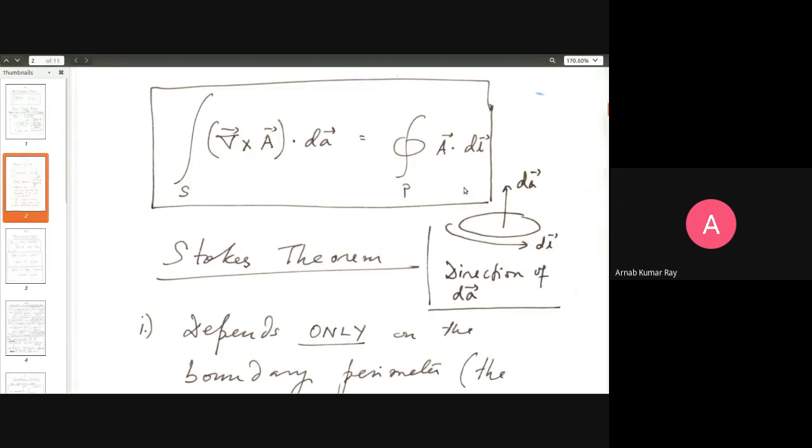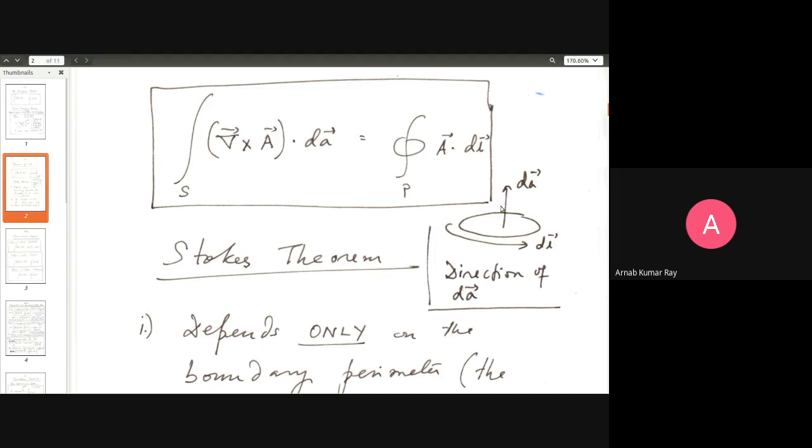Now, suppose when you take dl, you are going in this case in the anti-clockwise direction. If that is the anti-clockwise direction, then use your right hand. Look at your right hand, curl your fingers and stick your thumb upwards.